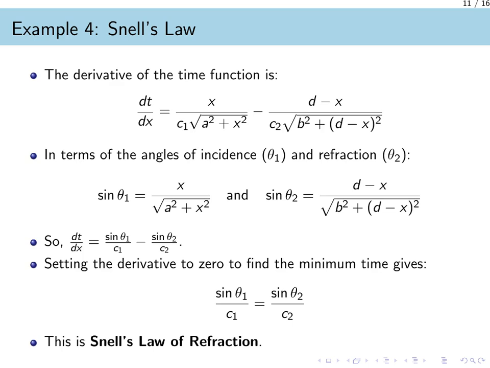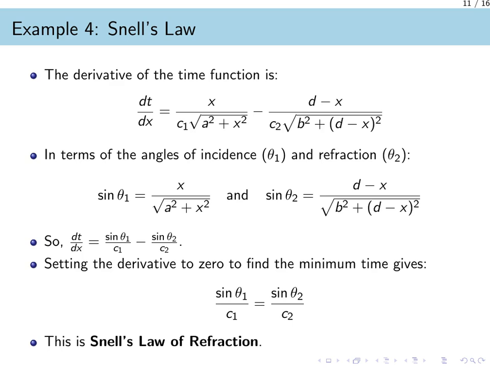Now I will show how finding the minimum travel time for a light ray, a core calculus problem, actually derives a fundamental law of physics. To find the path of least time, we must take the derivative of our time function with respect to x and set it to 0. This derivative, dT/dx, looks complex, but we can simplify it by recognizing that its components are related to the geometry of the light path.